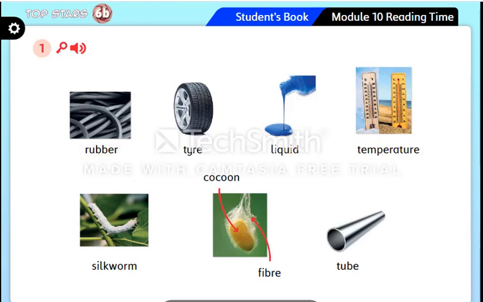Rubber. Tire. Liquid. Temperature. Silkworm. Cocoon. Fiber. Tube.